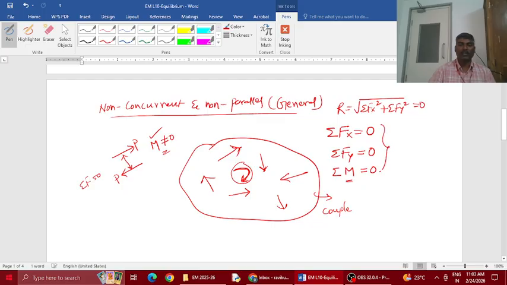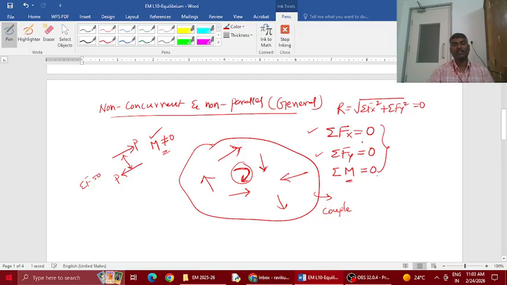you must also ensure that moment is also zero. That is the difference between the concurrent force system and non-concurrent force system. Here you need to check three conditions: sum of x forces shall be zero, y forces shall be zero, and the total moment generated by all these forces about any point shall be zero.